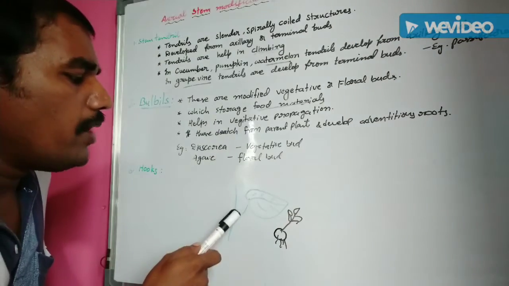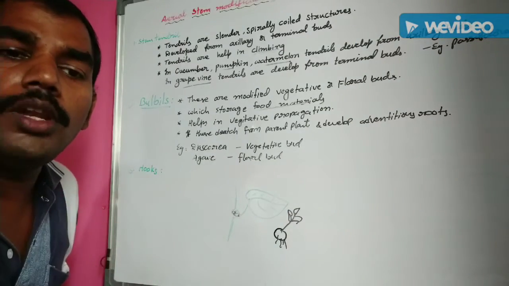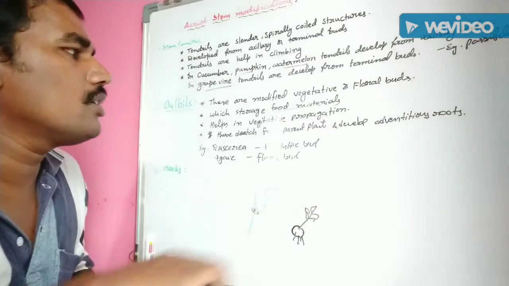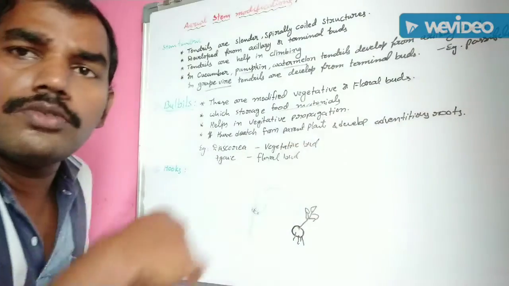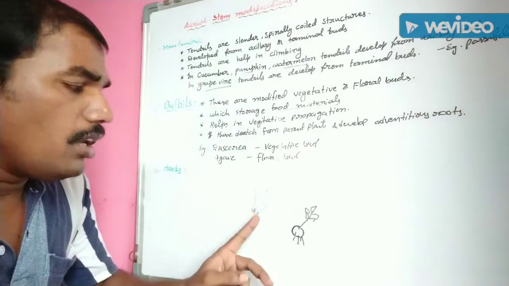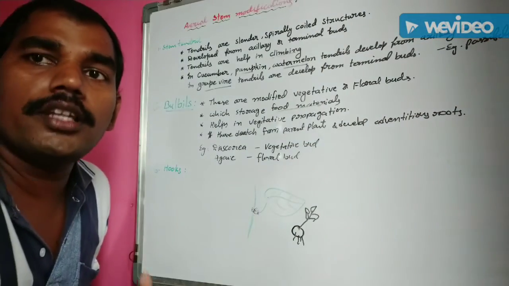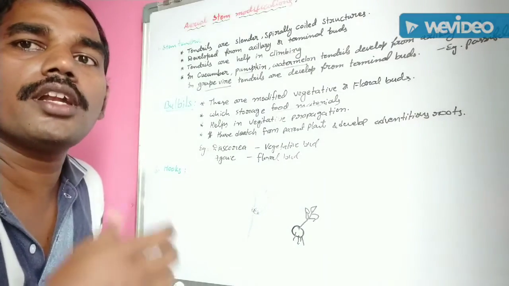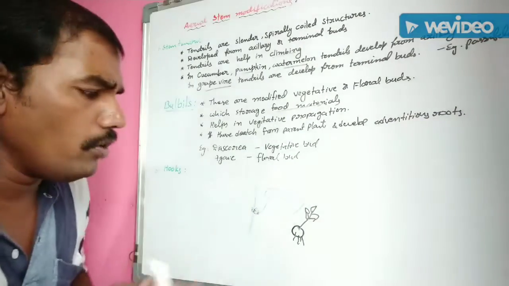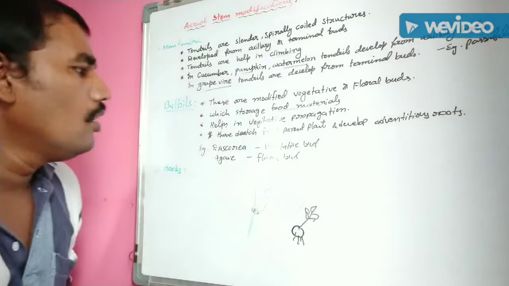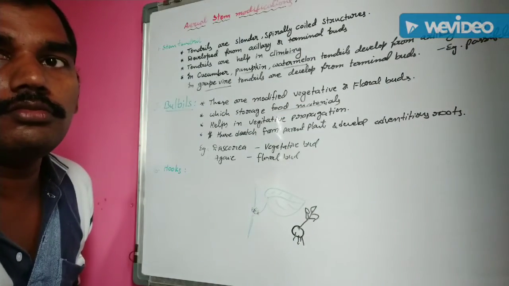So these bulbils are an accumulation of food material. This means there is storage of food materials. If these bulbils are detached from the mother plant, they produce adventitious roots and produce a new individual plant. So bulbils are mainly helpful for vegetative propagation.